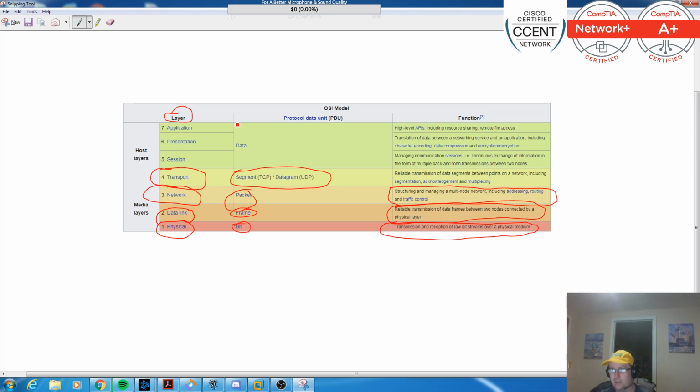But we're only looking at the transport. That's all they want you to focus on. In the ICND1, all you need to know is that UDP is a connectionless transport protocol.